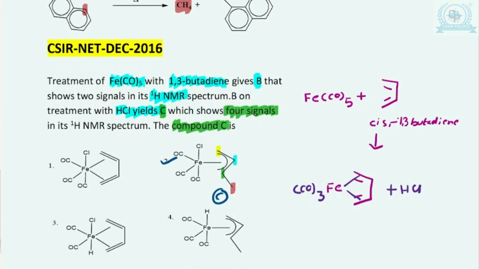So in this complex you can see there are protons present in 4 different environments, resulting in the formation of 4 signals. So these problems are very important. I hope this is clear to all of you.